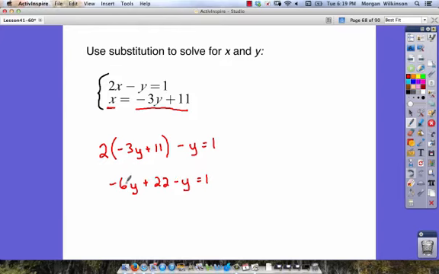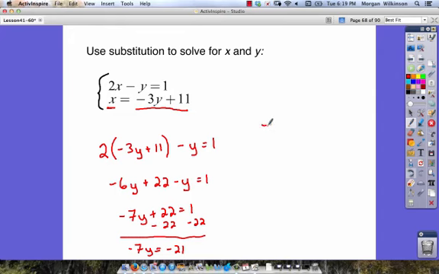Now we've got to combine like terms. Negative 6y minus y, that's going to be negative 7y, plus 22 is equal to 1. We're going to subtract 22 from both sides, and that'll leave us with negative 7y is equal to negative 21, because 1 minus 22 is negative 21.